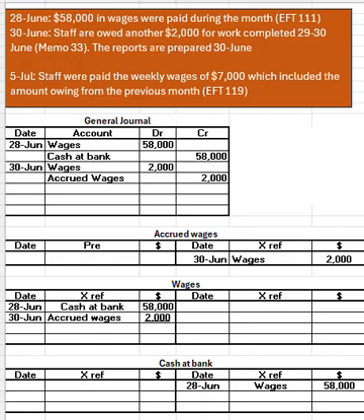Now, before we get to the 5th of July entry up here, because our reports are prepared on the 30th of June, this is balance day. So therefore, we need to close off our expense account, wages. So I'm going to close this off in preparation for our following period, which will start on the 1st of July, so that we don't mix up our wages from 2 separate periods.